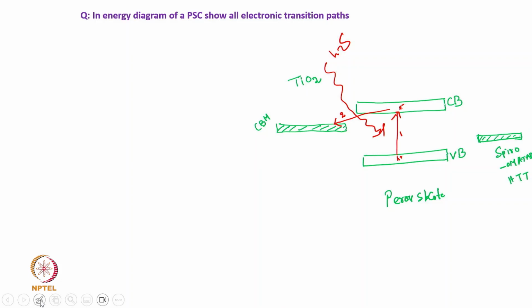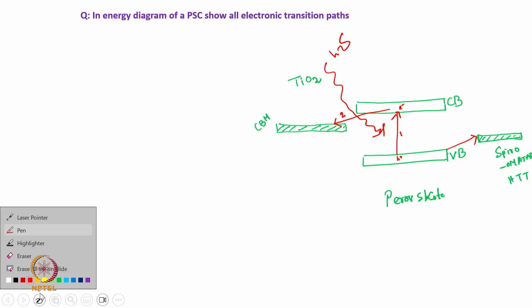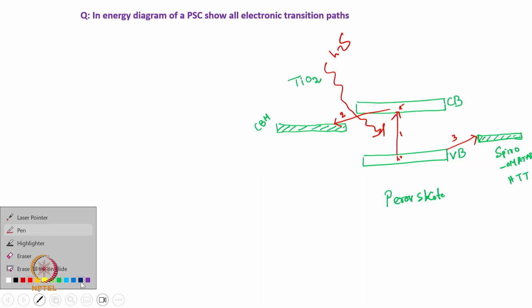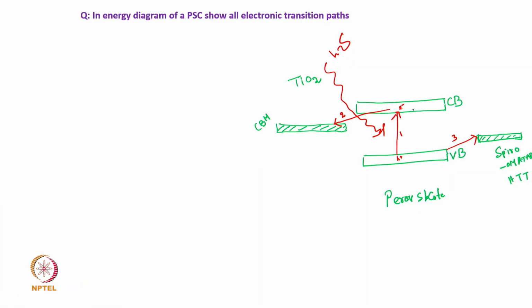So, the third transition is the hole going from the valence band to the hole transport layer, that is spiro-OMeTAD. And then we can see that this is transition 3, this is hole transition, and then we have recombination.